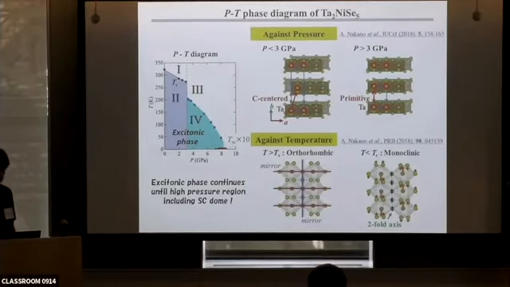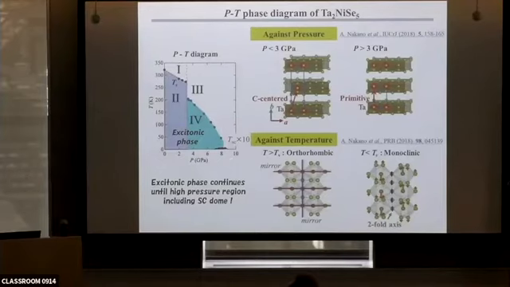Thus the intra-layer electronic state is important to dominate this phase diagram. The existence of the phase boundary just above the superconductivity dome is also a universality between the two compounds.